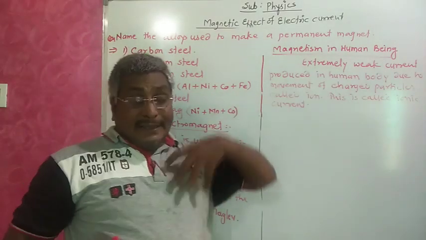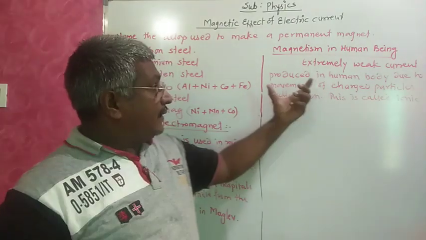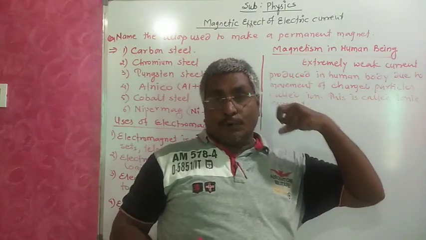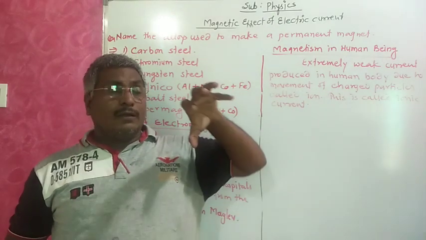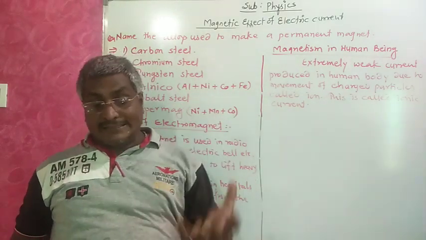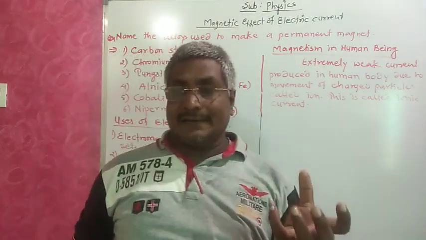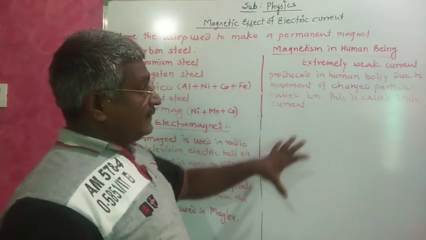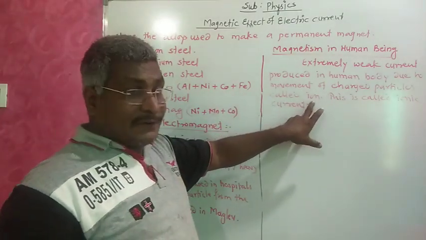What is called ionic current? Means in our body a very weak current is produced due to the movement of ions. In our body ions are there. Iron and ion are both different.